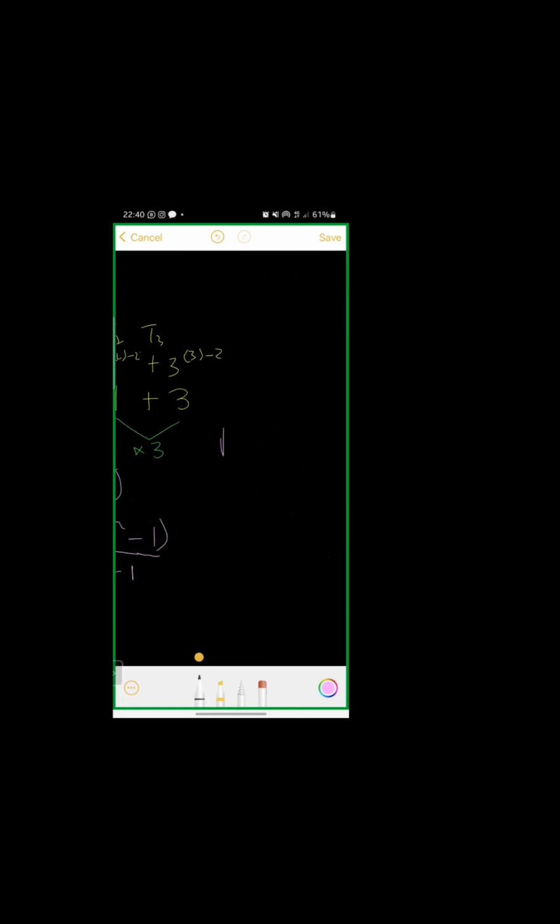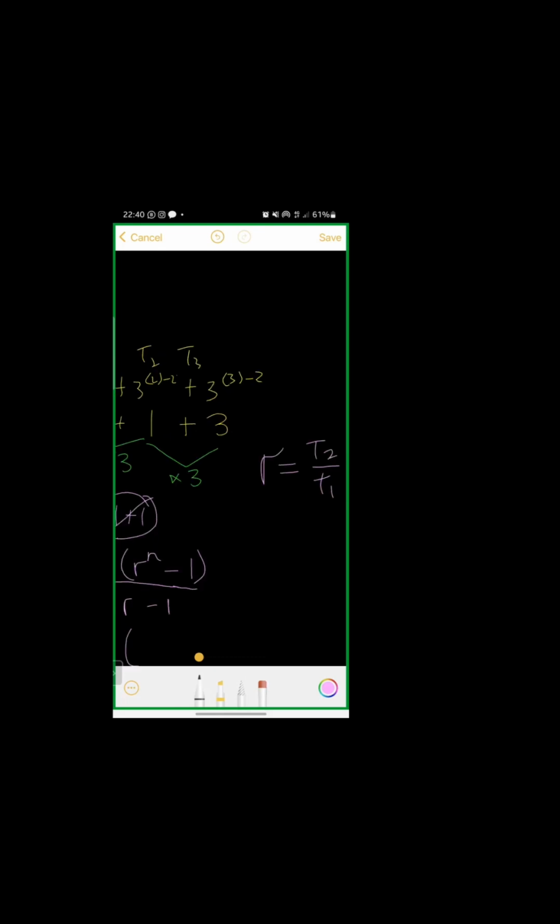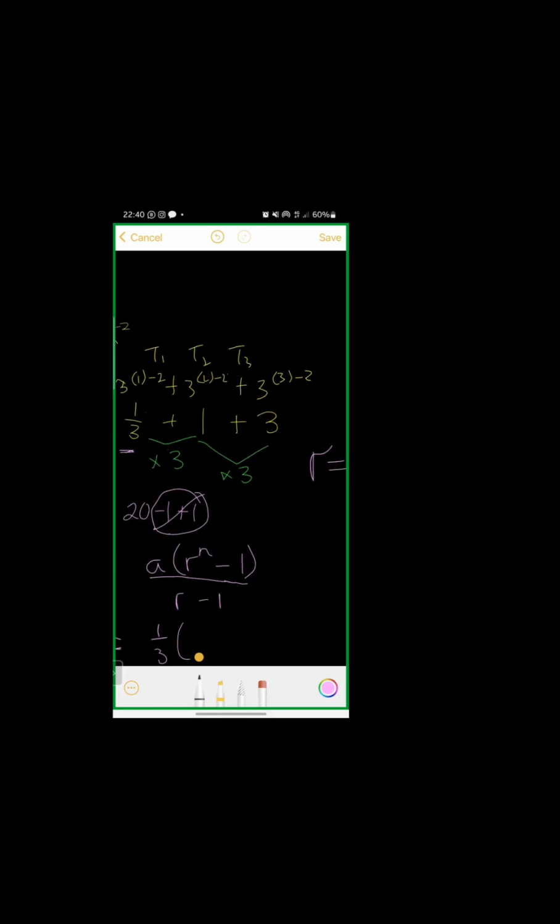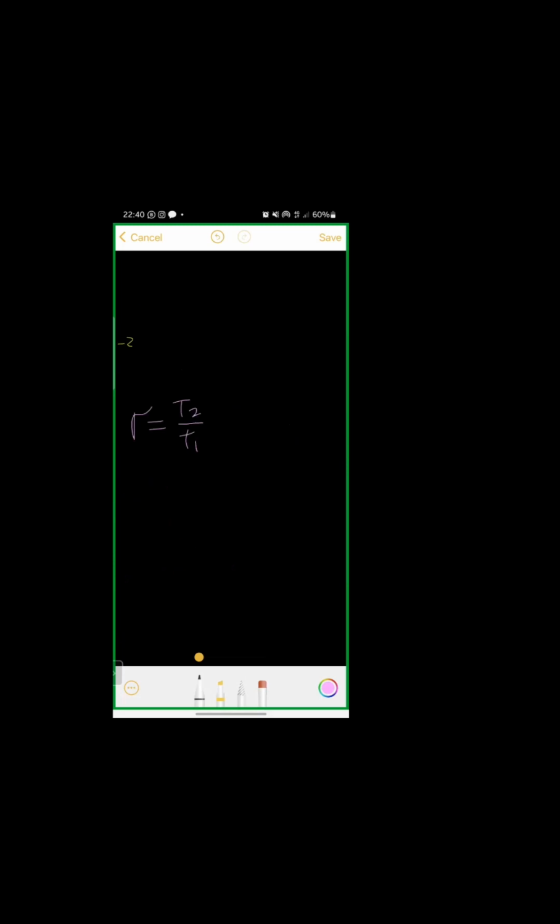So our r is equal to T2 over T1. If you're presented with term 15 and term 14, you can still find the ratio, given that it is geometric. It's always a term over its previous term, so it can be T15 over T14. Here we have our term 2 and our term 1, so it's just 1 divided by a third.